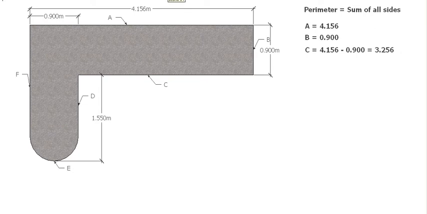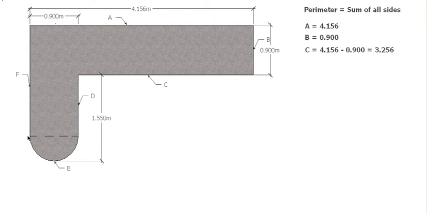D is going to be a little bit tricky because I know this distance here, but D only comes to where that semicircle starts, or just there. So I need to work out what distance that is, and it's not given to me off the plan, but with a little bit of know-how, I know the diameter of my circle is 900.